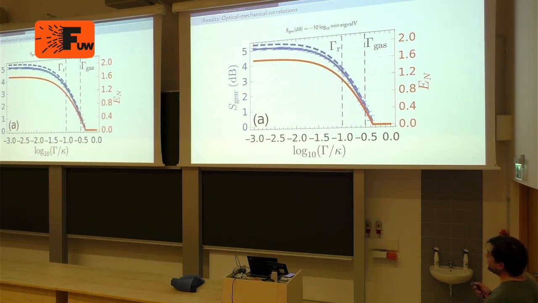We see that the behavior of this witness mimics the behavior of the logarithmic negativity, and there are different curves here.